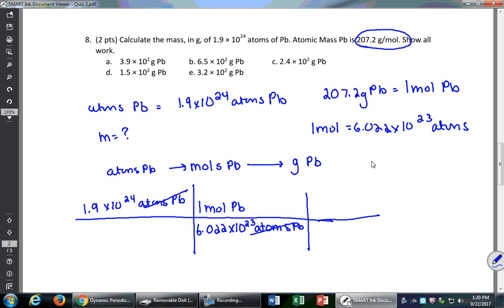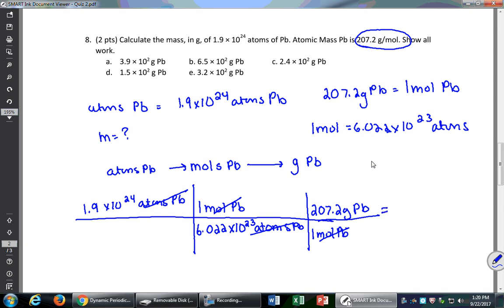Atoms cancel out with atoms, so we're good. So now we have our moles of lead. Now we want to convert that to our grams. We have that relationship from our periodic table. So 1 mole of lead, that'll cancel out, is related to 207.2 grams of lead. I'm left with grams of lead. That's what I want, so I'm done.